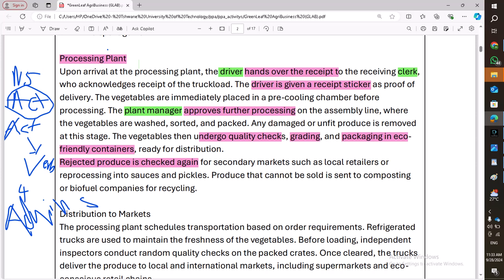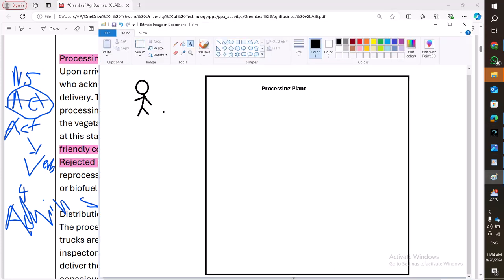Give a receipt, just like giving someone a receipt. I will use hand over a receipt. I think it's perfect. Now we are doing this in a correct way.